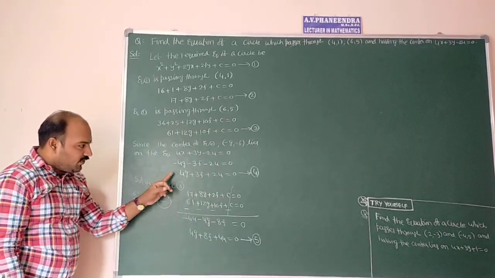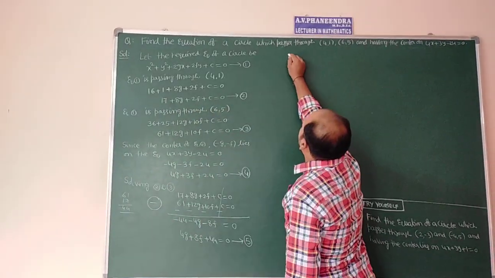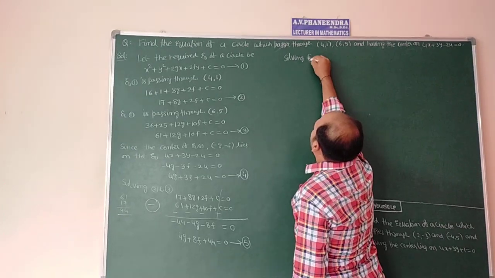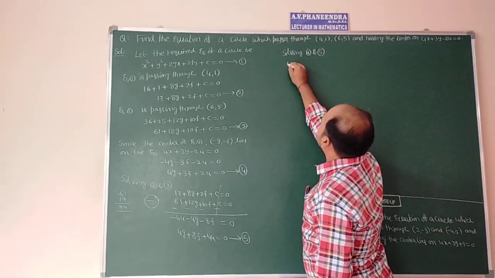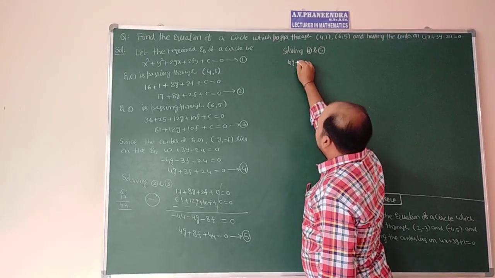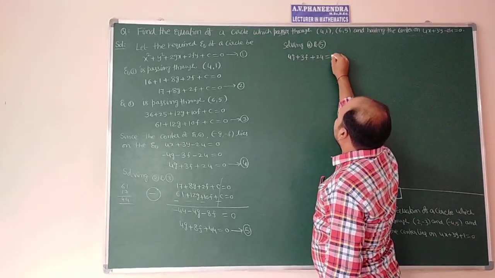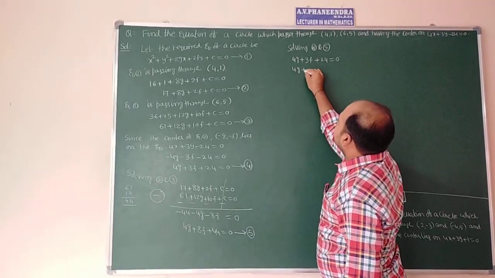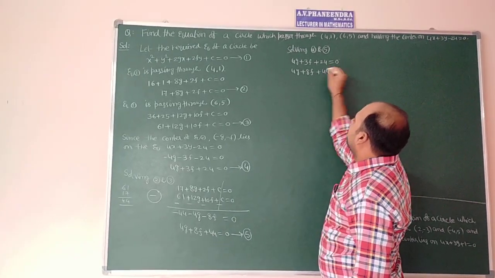After that, solving 4 and 5. Fourth equation is 4g plus 3f plus 24 equal to 0, and fifth equation is 4g plus 8f plus 44 equal to 0.